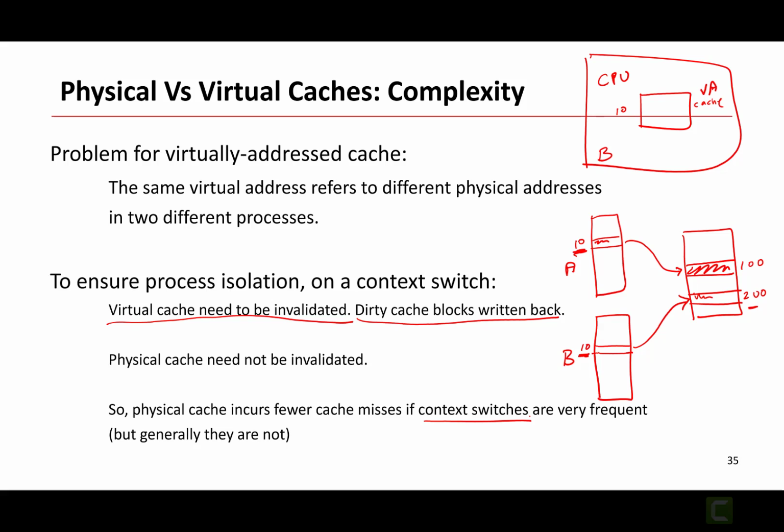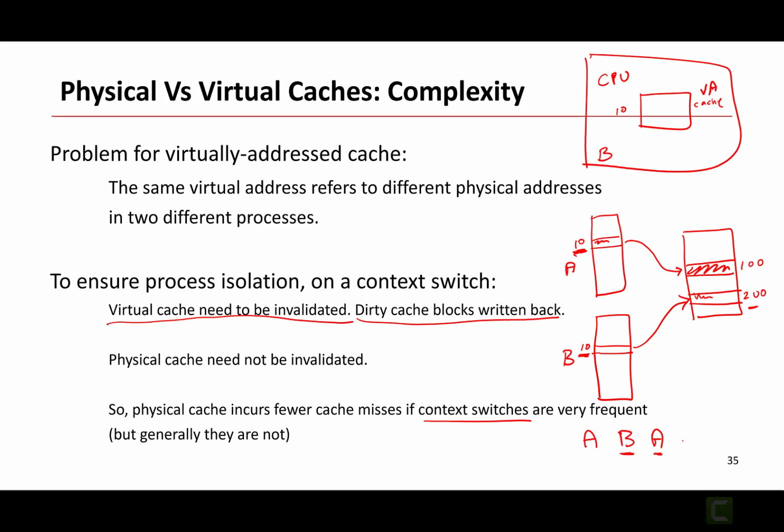Because every time you context switch in, you're going to bring all the blocks in, whereas if you did not clear the cache, then you can enjoy a little more temporal locality. If I schedule A and then B and then A, and B did not clear the data, then A would be able to reuse the data that it had in the cache.